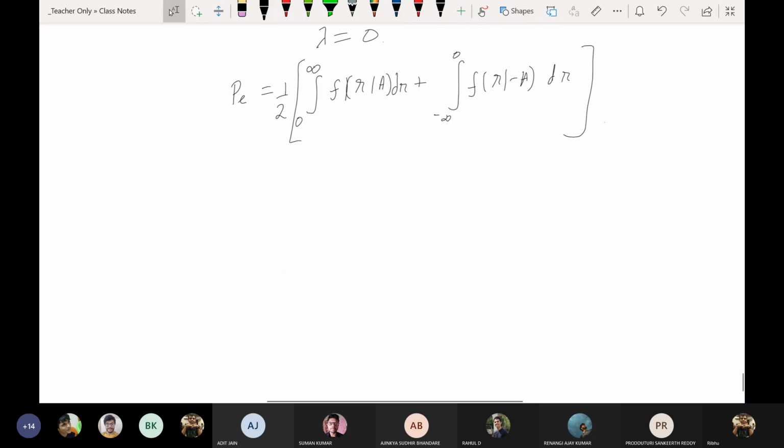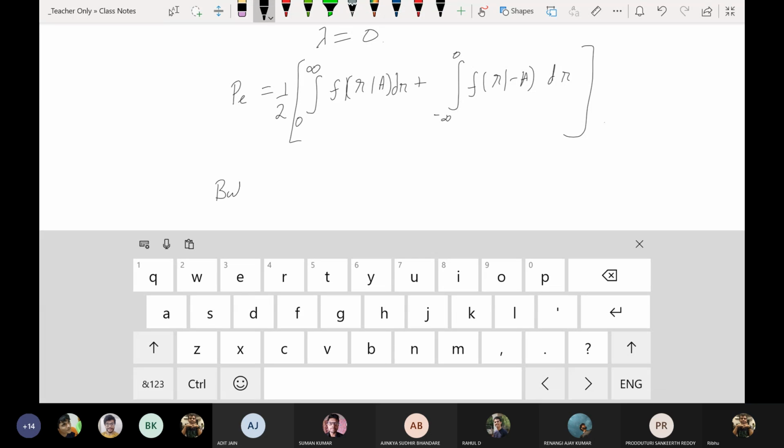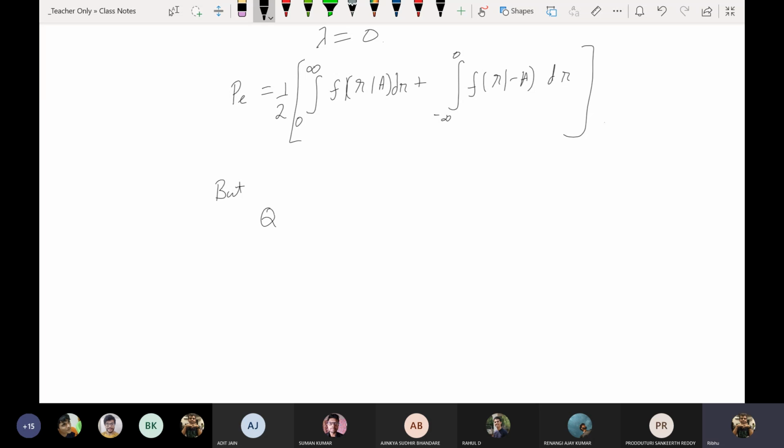Right? But thankfully, I'll just look at your textbook for this one result. We define Q of x as 1 upon root 2 pi, integral from x to infinity of e to the minus z square by 2 dz.